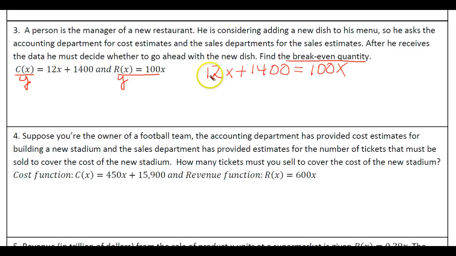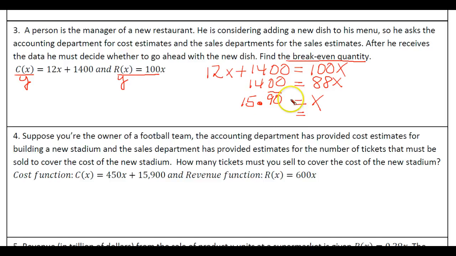So we're going to subtract 12x from both sides and get 88x equals 1400. Divide both sides by 88 and we get x equals 15.90, and this part repeats.